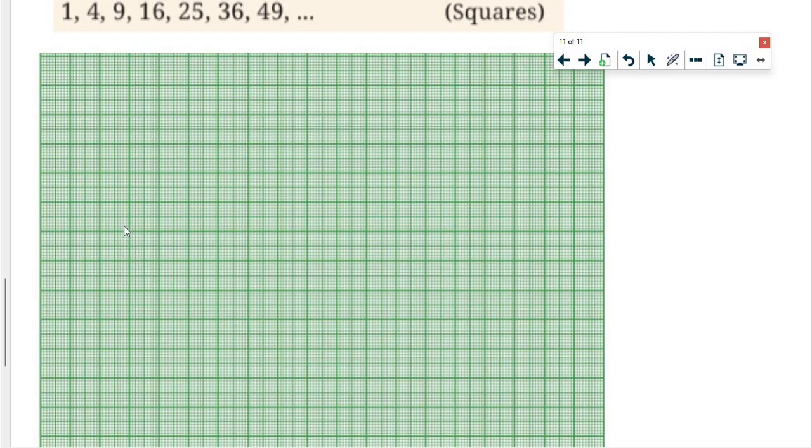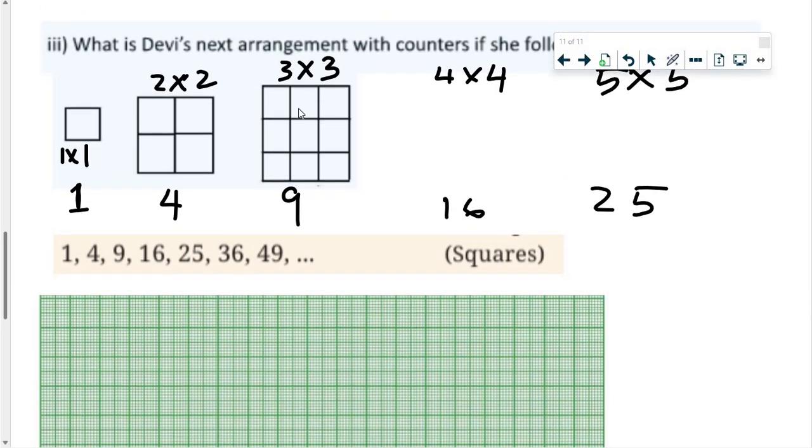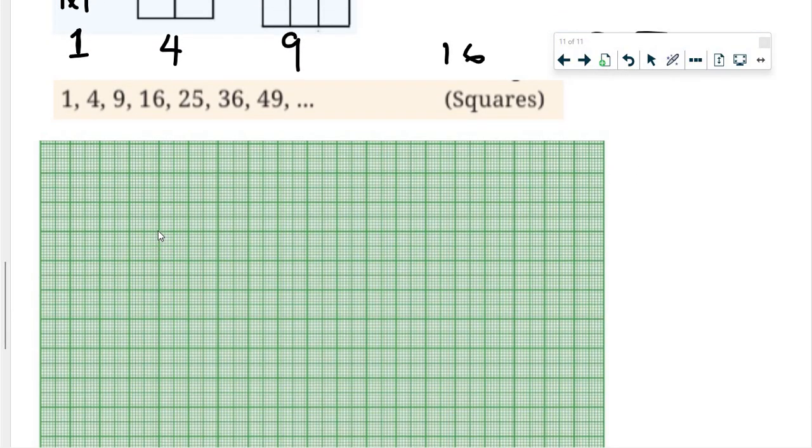Meaning, from here, we need to get 4 into 4. So count boxes: 1, 2, 3, 4 boxes. Let me repeat that.